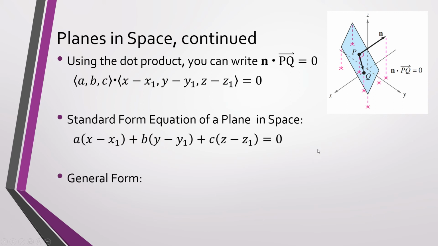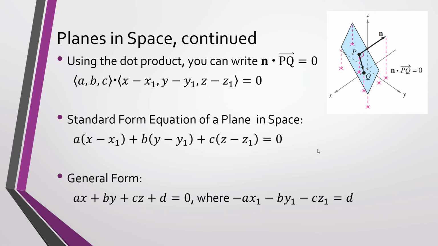To get our general form, your book defines it like this: a times x plus b times y plus c times z plus d is equal to 0, where this expression is equal to d. Please don't worry too much about this expression, because really what we're going to do is write our standard form equation and then transform that into our general form equation.